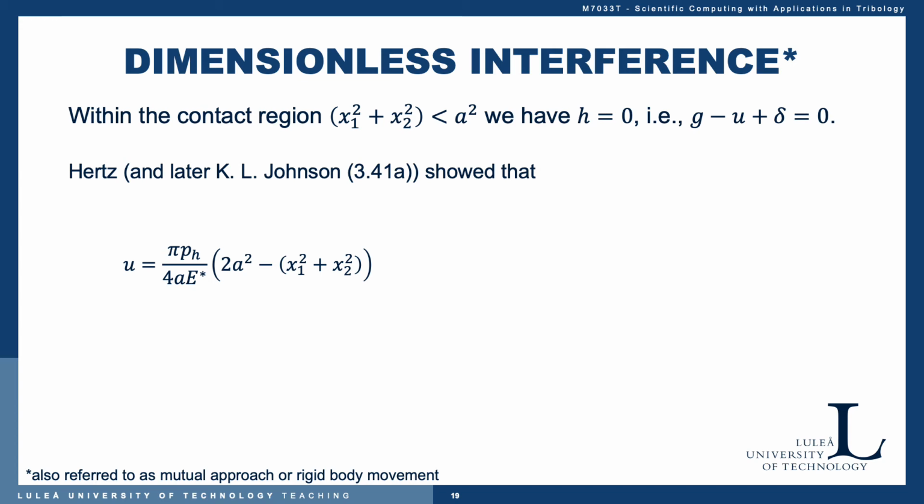Of course, Hertz did this, and in the book by K.L. Johnson, equation 3.41a also gives this, and it says that within the contact zone, where the deformed gap is 0, the deformation must be precisely this expression.